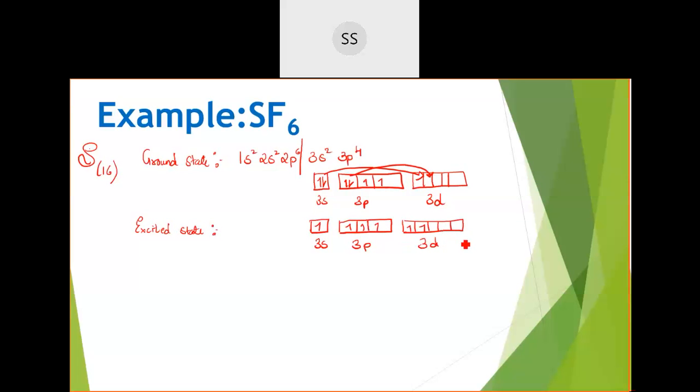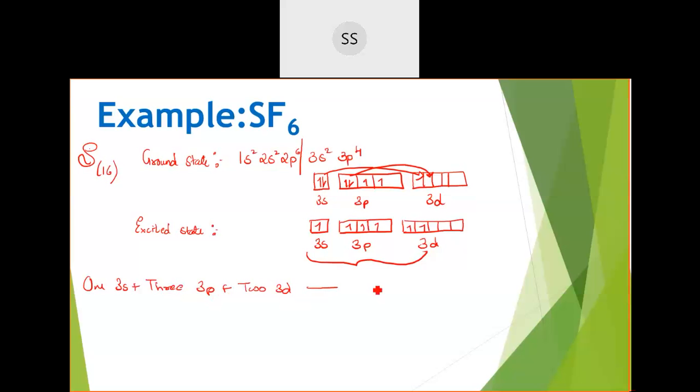Now we have got altogether 6, which is required to bind with the 6 fluorine atoms. Now you can mix them together. So now they will undergo hybridization. So how many are there? 1 3s orbital, then we have 3 3p orbitals, and then 2 3d orbitals.